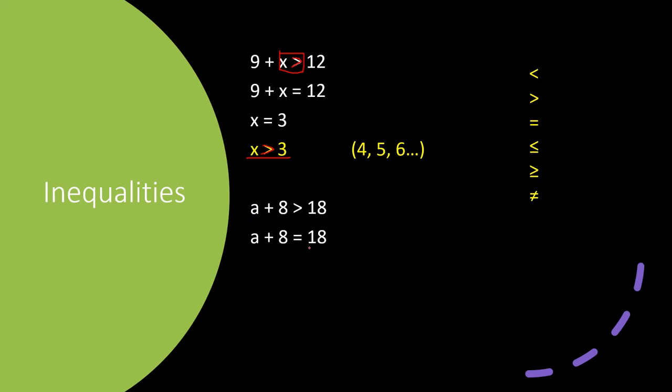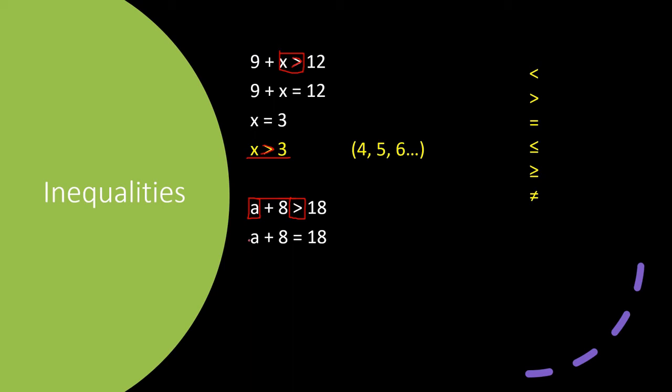Now next, I'm going to never forget how this right here, this is a little harder because now we have a number in between the variable, but do not worry, my friends. Don't let that confuse you. We're still going to have to see the way this variable is pointing to the inequality symbol or vice versa. You see, it looks like the a is in the place of the bigger value.